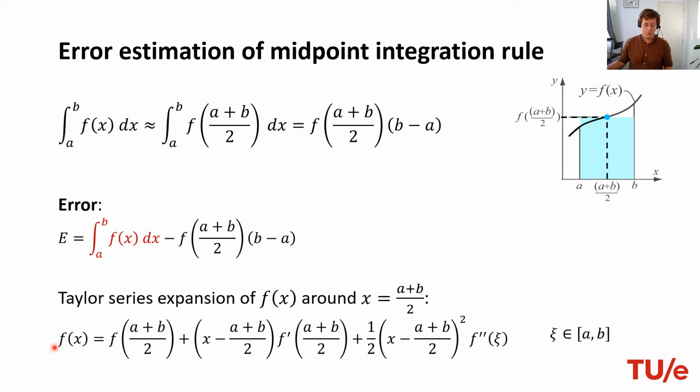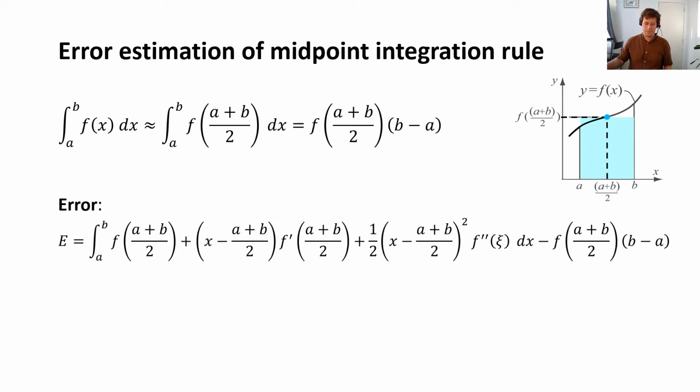Now we can plug this into the expression here. We replace f of x with this Taylor series expansion, and that is what we do in this slide. So we have replaced f of x with this Taylor series expansion, and here we still have this contribution of the midpoint rule.